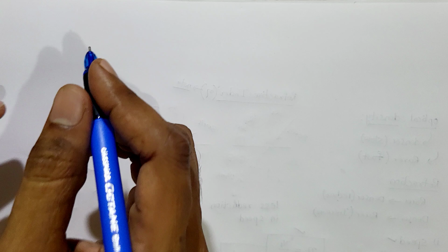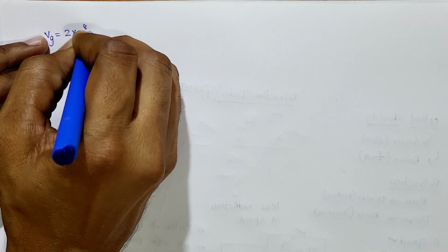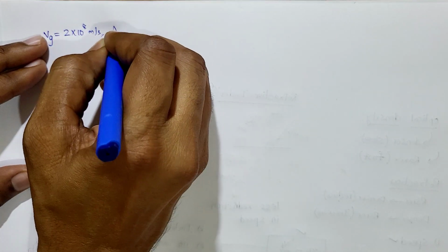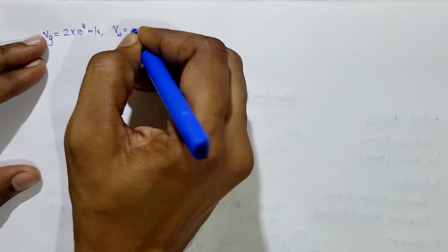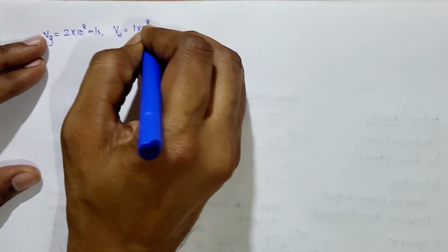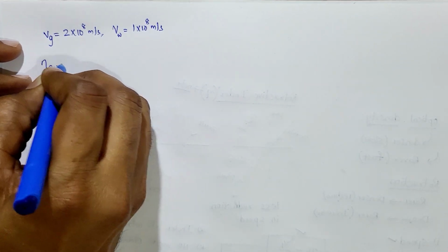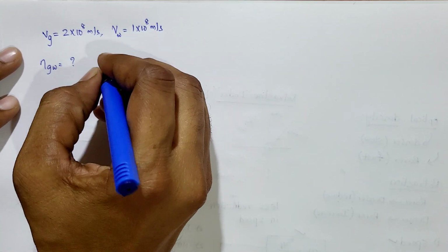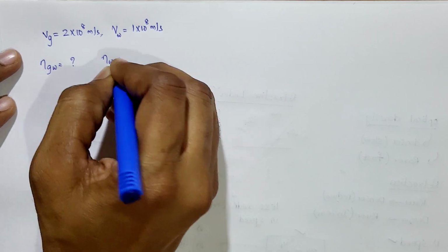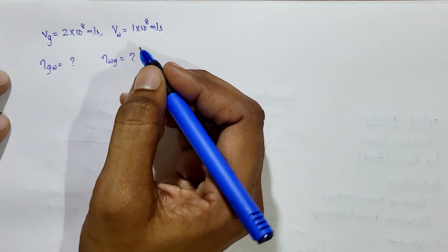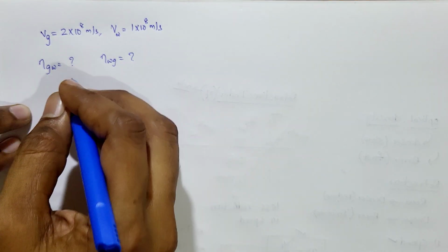They have given speed of light in glass is 2 into 10 to the power of 8 meters per second, and speed of light in water is 1 into 10 to the power of 8 meters per second. Find the refractive index of glass with respect to water, question mark, and refractive index of water with respect to glass, question mark. So what is the formula?